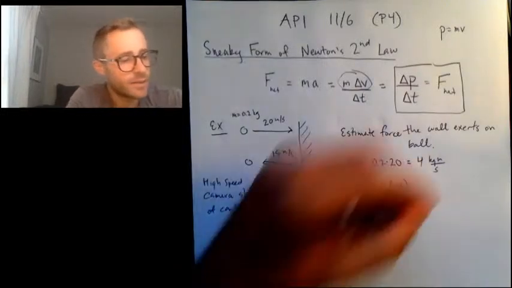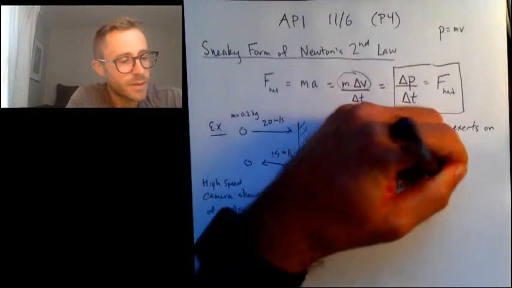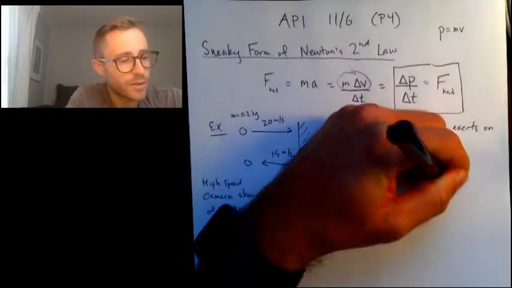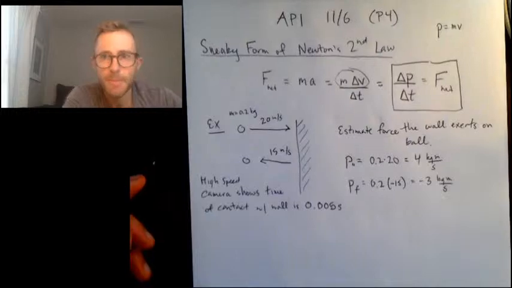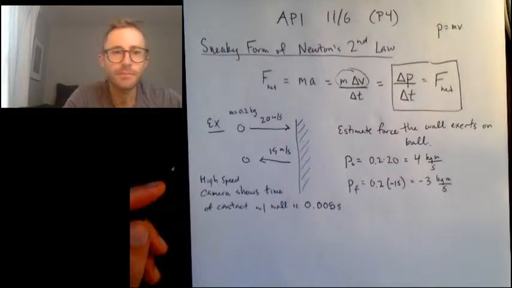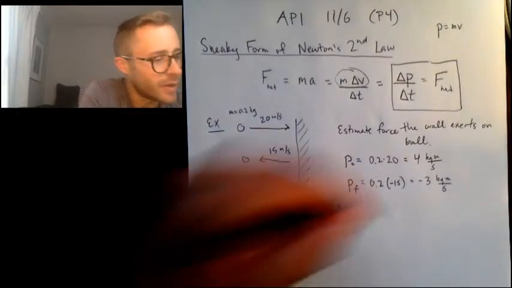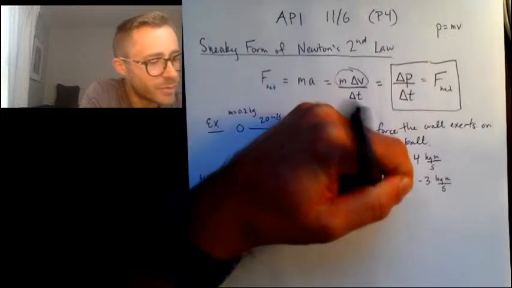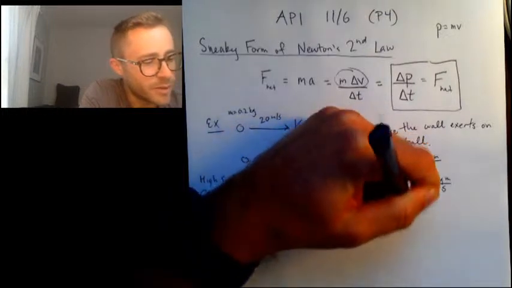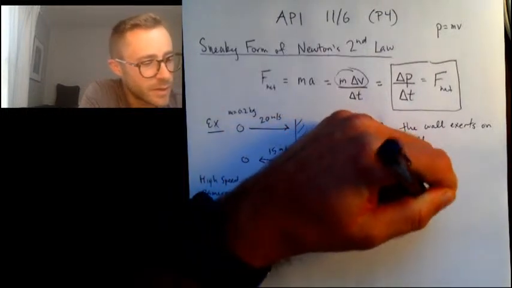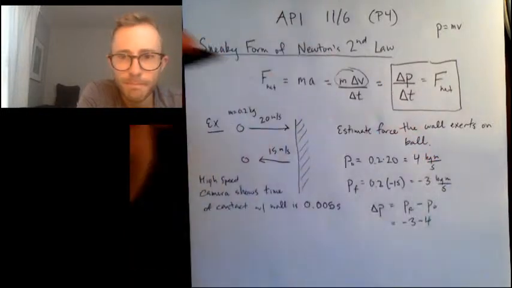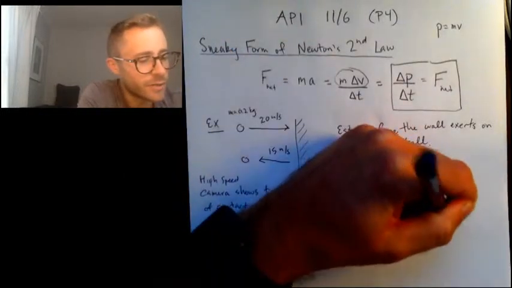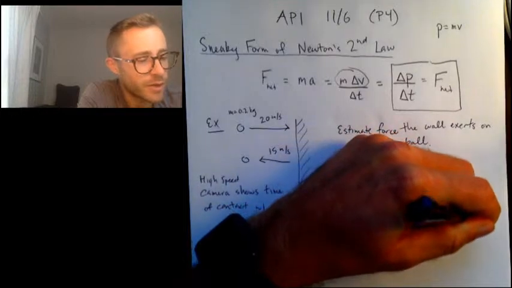And so that is -3 kilogram meters per second. So from that, we can determine that the change in momentum, which would be P final minus P initial, is going to be -3 minus 4. So -7 kilogram meters per second.